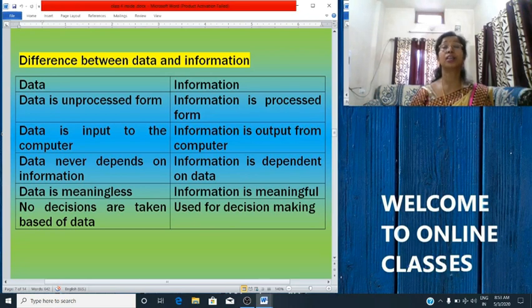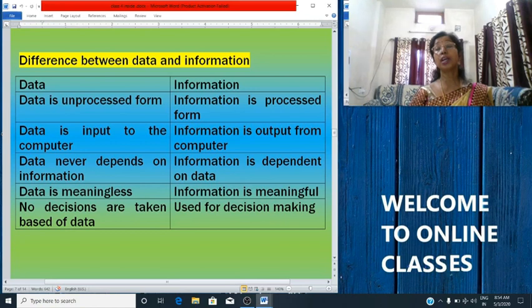If I say an example, you get a report card at the end of the academic year. So in that you have seen it is written passed or failed. This decision, passed or failed, is based on your percentage and marks. So information is used for decision making. Now you will note all these important points in your reference copy.